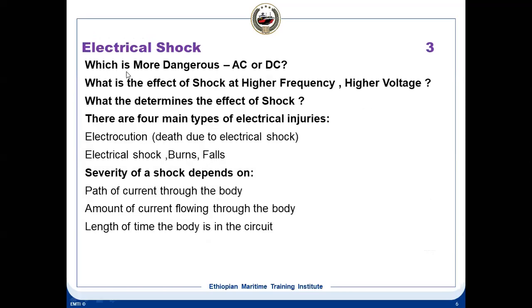Now here, if you look at this electrical shock, which is more dangerous, what do you think, AC or DC? Which gives more shock? You think AC or DC?